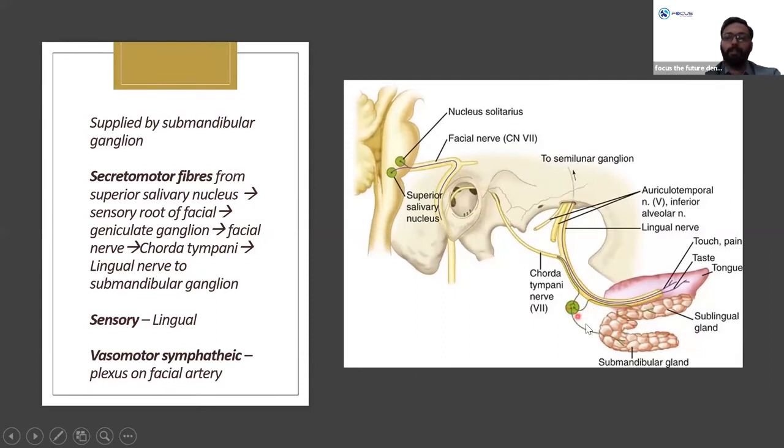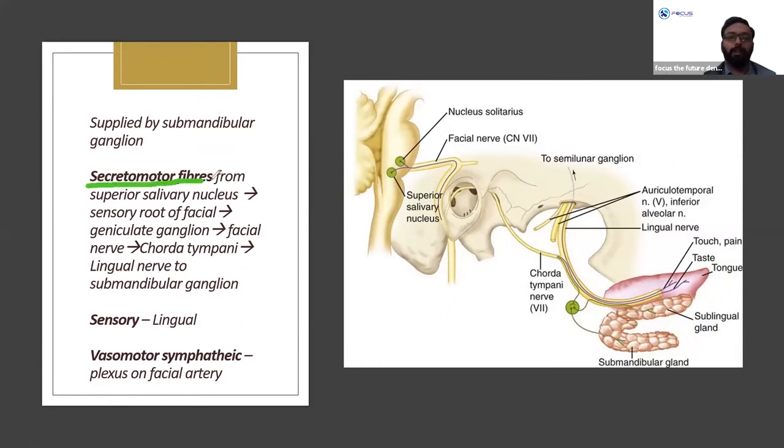There are certain fibers which come to stimulate the submandibular and sublingual salivary secretion. These fibers are known by the name secretomotor fibers, or we can call them parasympathetic fibers.